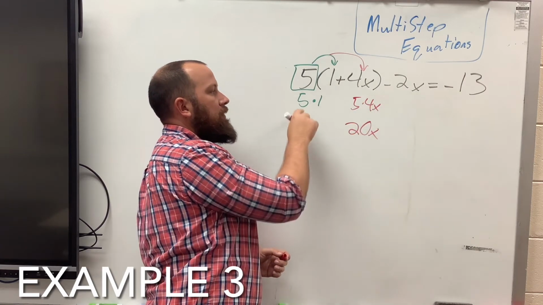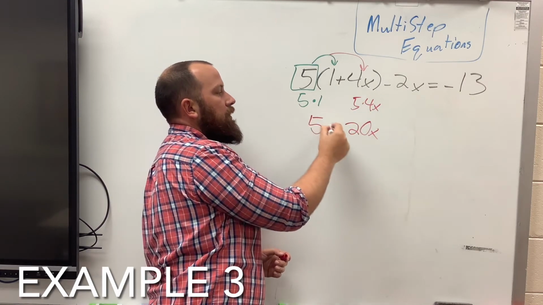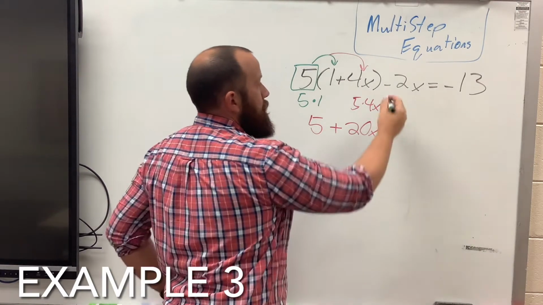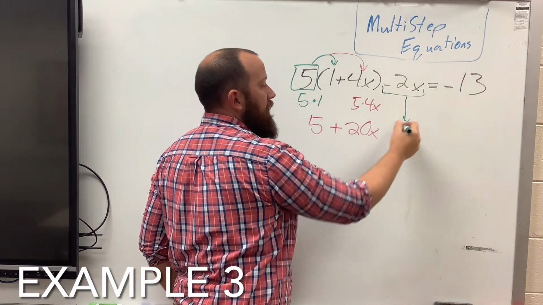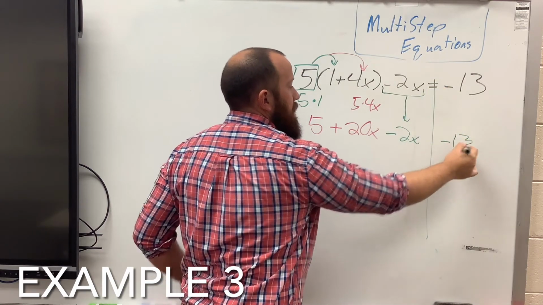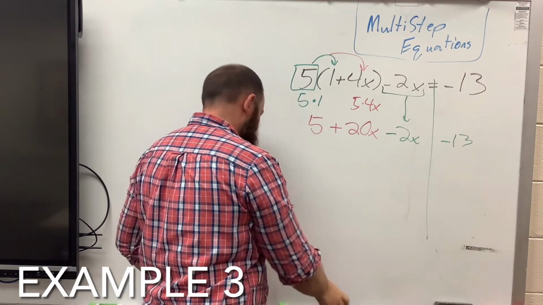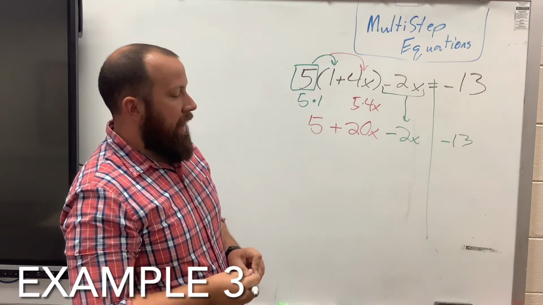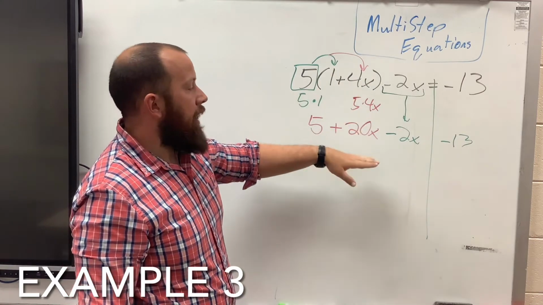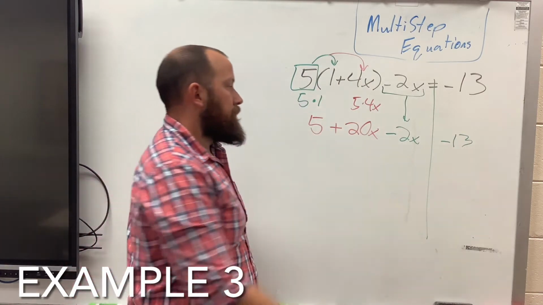They're both positive. 5 times 1 is 5. And I bring down my -2x and my -13. So that was what we did in problem 2. Now this is what we did for the first problem.